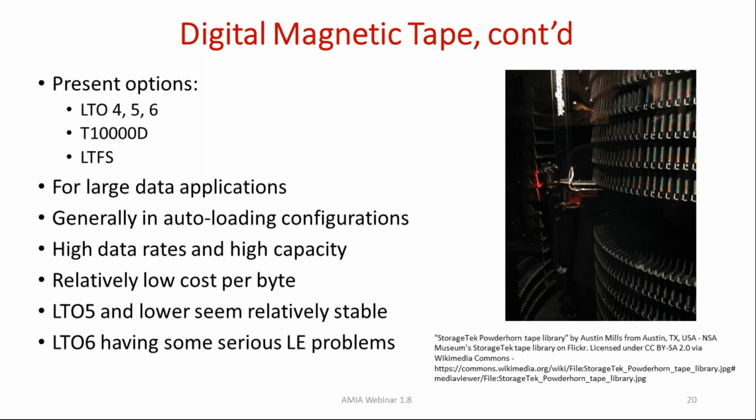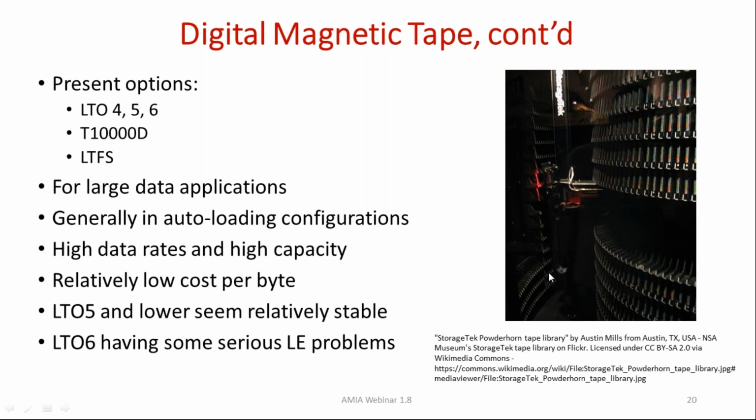There's also the T10000D storage option, and there's the LTFS storage option. Not as popular as the LTO, but certainly very valuable. They're great for large data applications. A library like this, since each of these cartridges can store up to about 10 terabytes, you can imagine how much one of these libraries will hold if it holds over 1,000 cartridges.